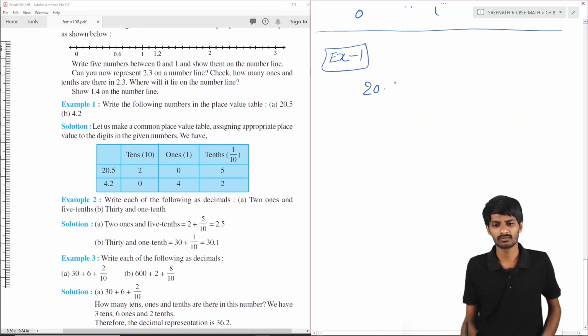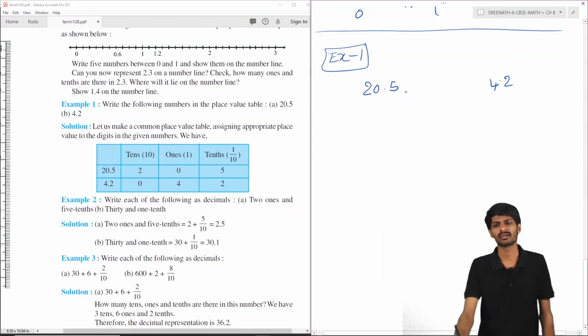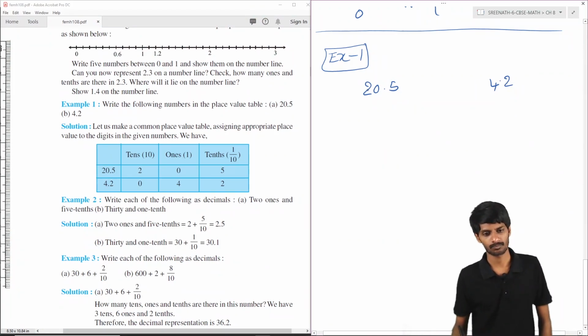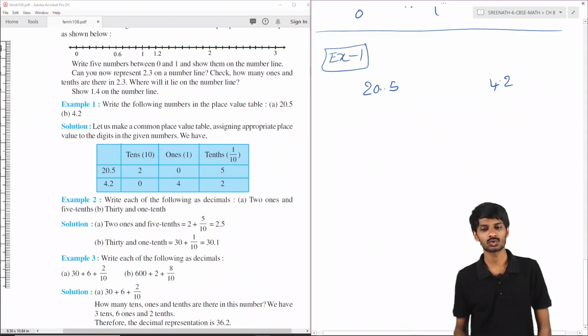So how will we represent 20.5 and 4.2? We have to write the following numbers in the place value table. In the place value table, we have tens, ones and 1 by tens. This is a place value table, and you have to represent 20.5.